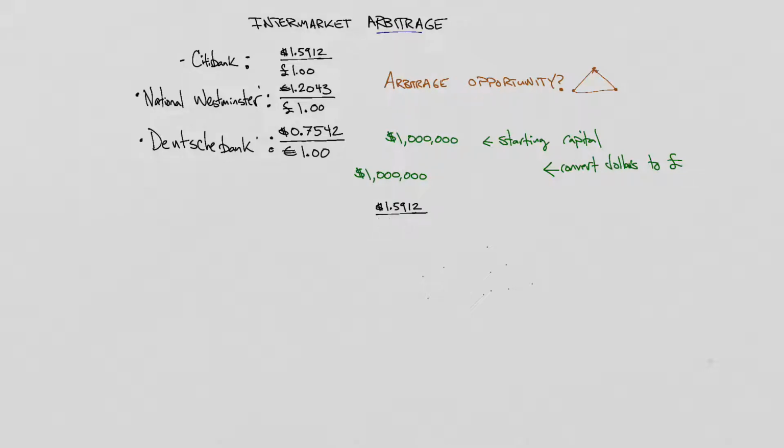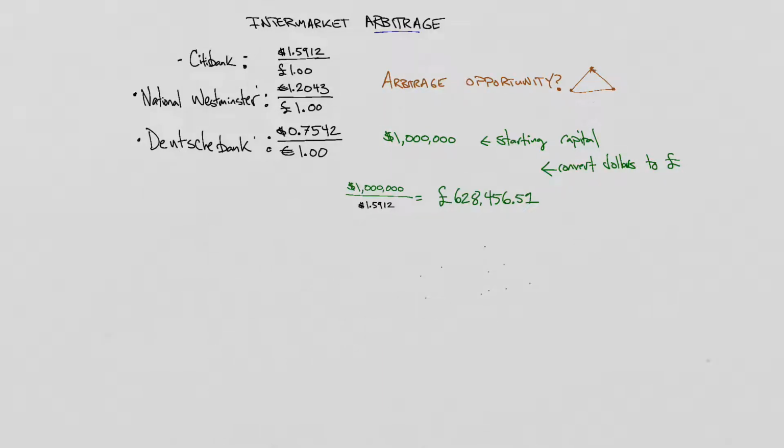Less means dividing, so $1 million divided by 1.59 means that in pounds, I'm ending up with 628,456 of them. So that's the first step. I've gone from dollars into pounds.